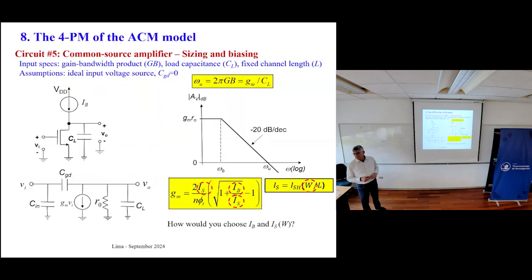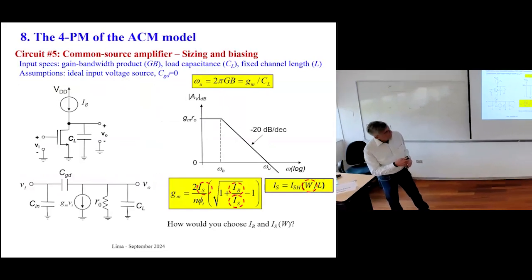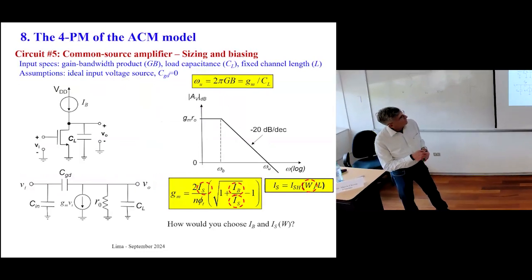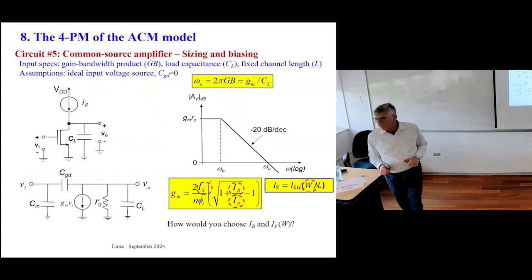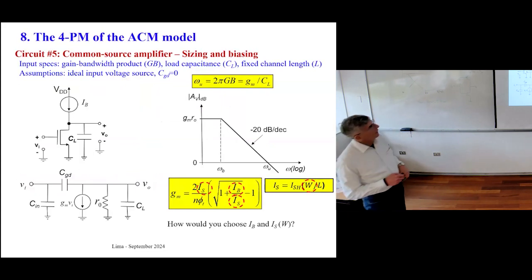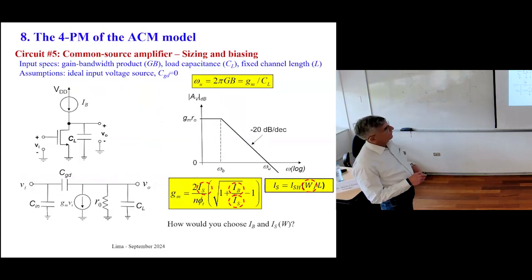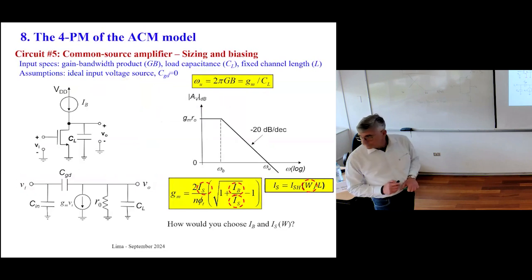This is a very simple circuit, which is called an amplifier. In this example, I assume that there is an ideal current source here, which is the drain current of the transistor.